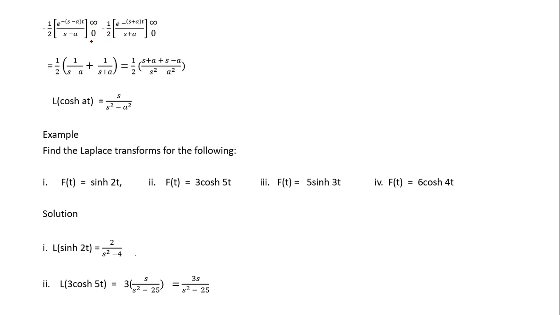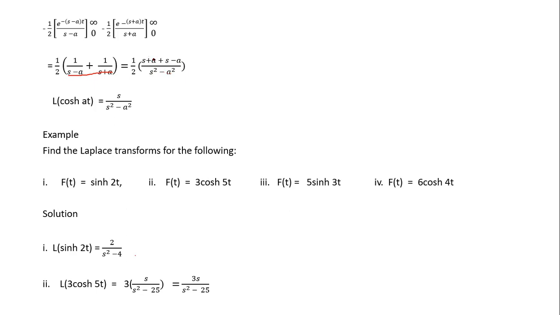So when evaluating the limits, we are now getting it as half into bracket 1 over s minus a plus 1 over s plus a. And taking the LCM as we did to the sinh, then that becomes difference of 2 squares. So in doing so, we are going to get half into bracket s plus a plus s minus a all over s squared minus a squared.